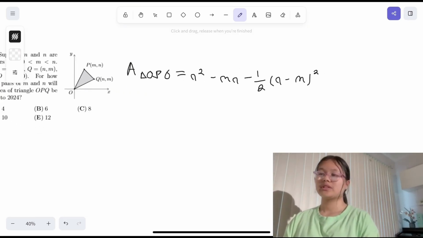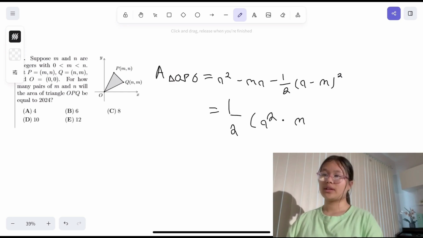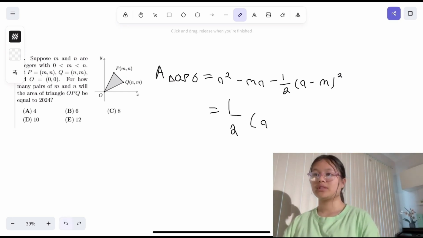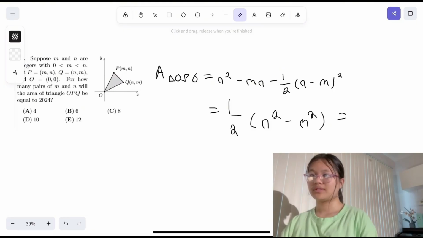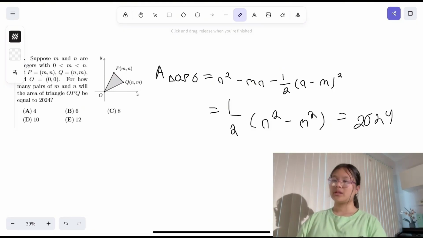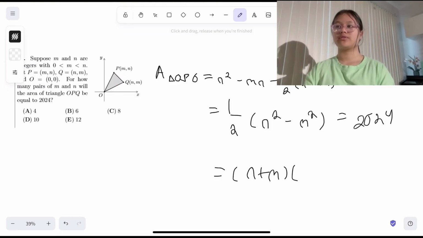Okay. So now after that, we basically simplify that to 1/2 (n squared minus m squared). Let me rewrite that. Then we can set that equal to 2024.